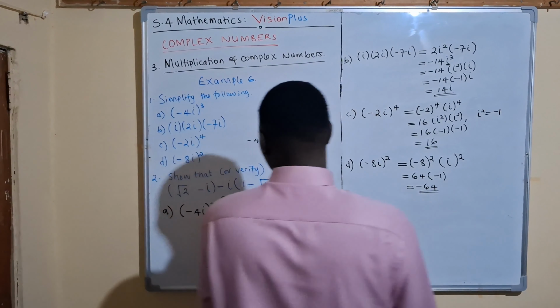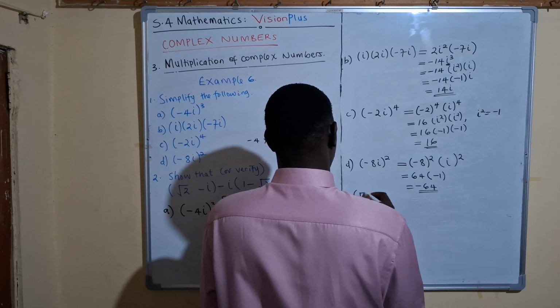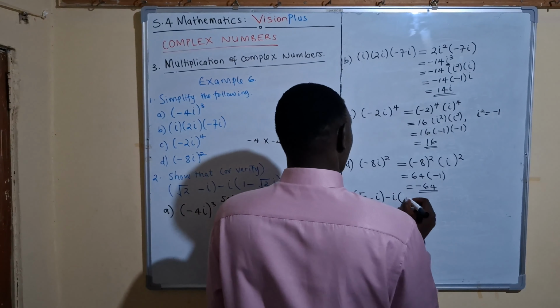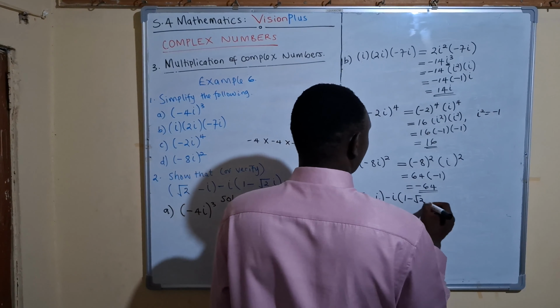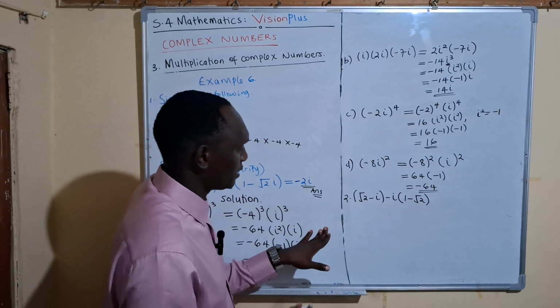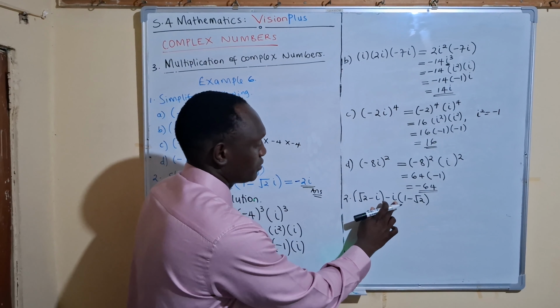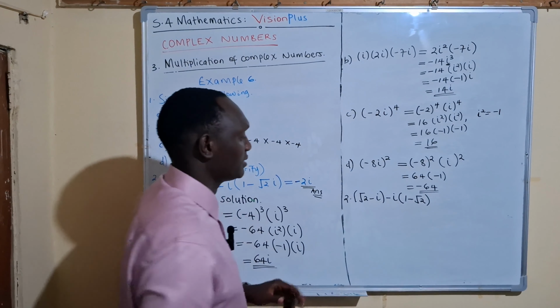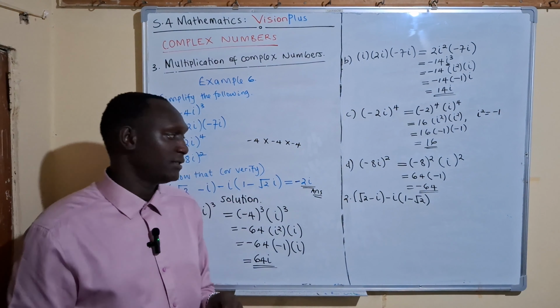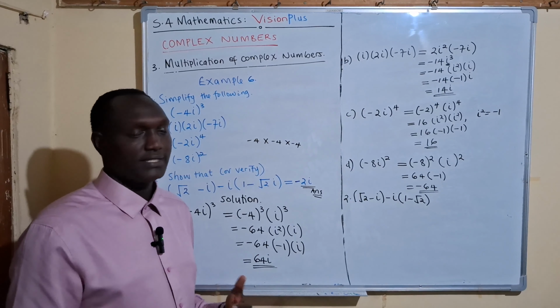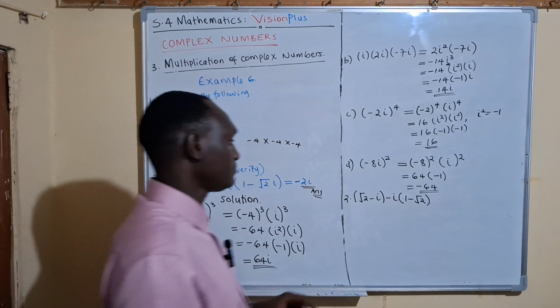So simply we shall just say here we have root of 2 minus i, into 1 minus root of 2 i. So if you look here, you have negative i outside. So what you can do is first open out this bracket, because if you are following BODMAS, you first operate the brackets.